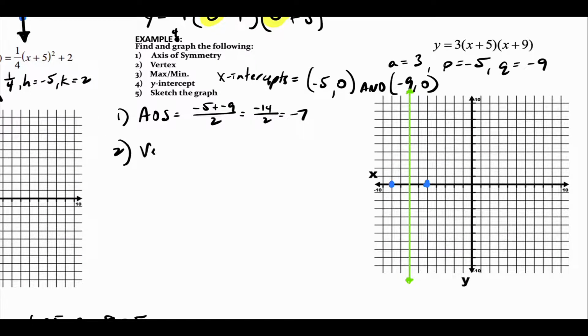Vertex. It's going to be -7, comma something. So I got to plug the vertex, -7, back into the original.